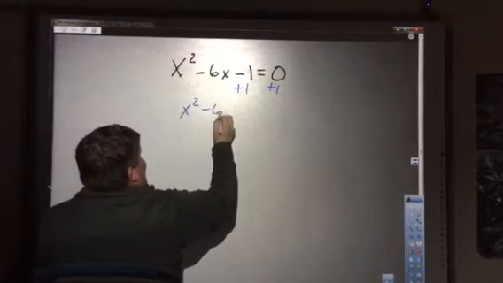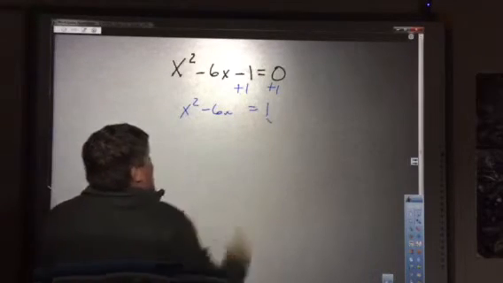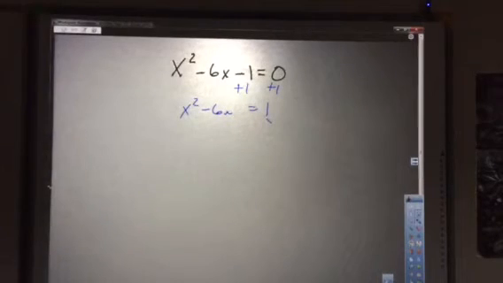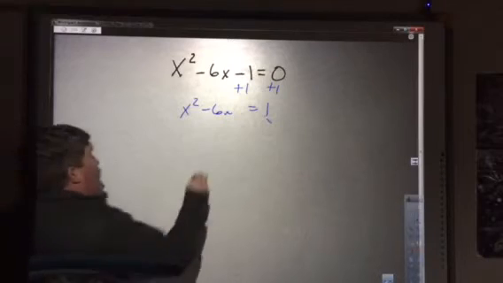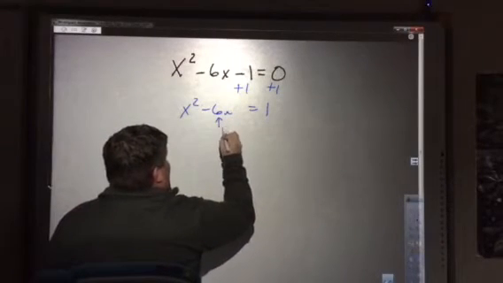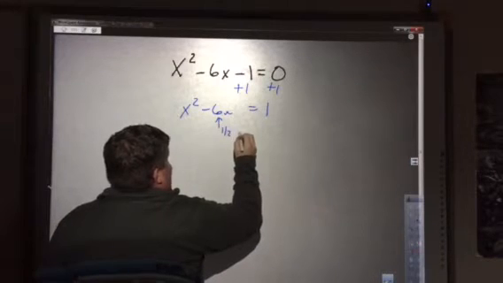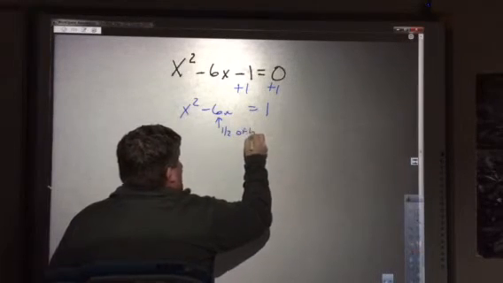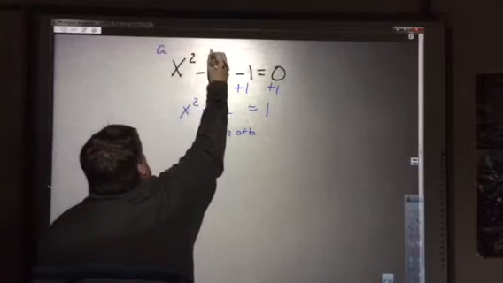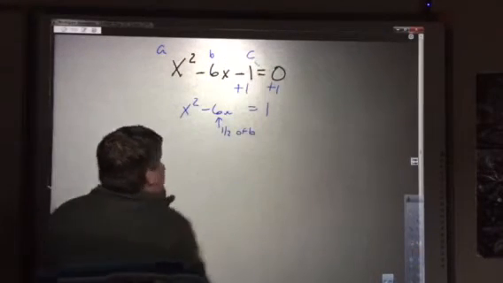So x squared minus 6x is equal to 1. Okay? We're going to take half of this number, or half of b, because this is a, b, c.